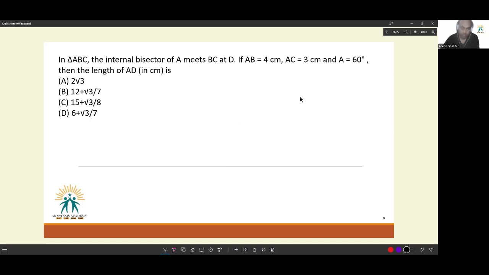Next, in triangle ABC, the internal bisector of A meets BC at D. If AB is equal to 4, AC is equal to 3, and angle A is equal to 60 degrees, then the length of AD in centimeters is, let's say, A, B, C. AB is 4, AC is 3, this is 60 degree.